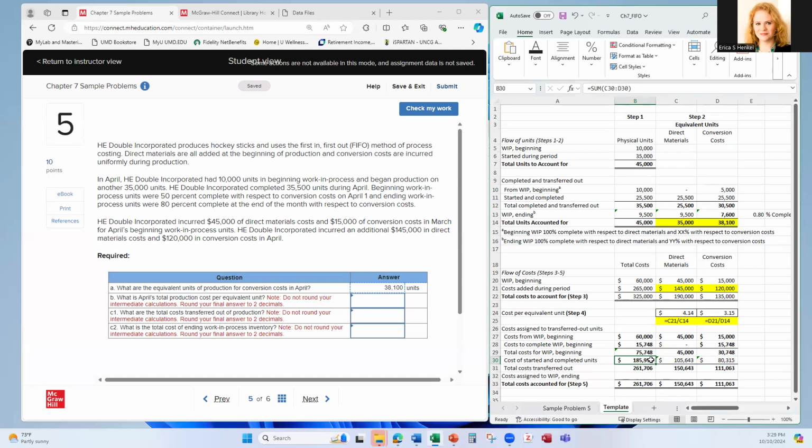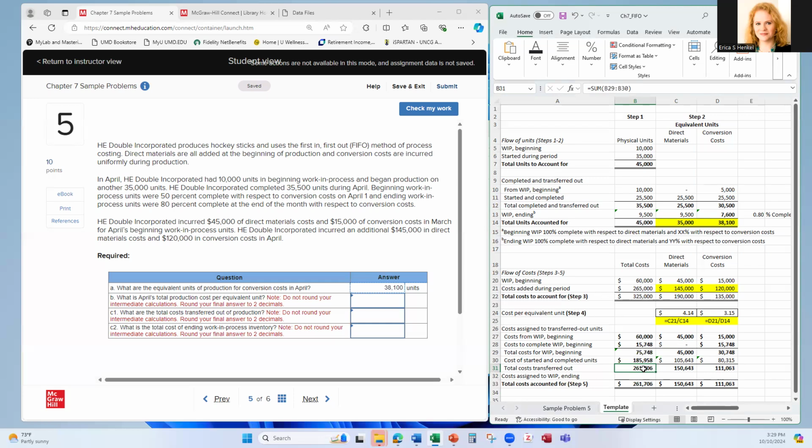All right, so 185,958. The total for the cost of the beginning WIP plus the cost of the started and completed units gives us the total costs of the transferred out.